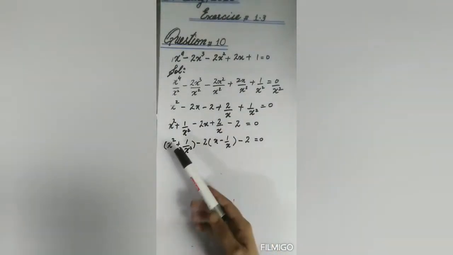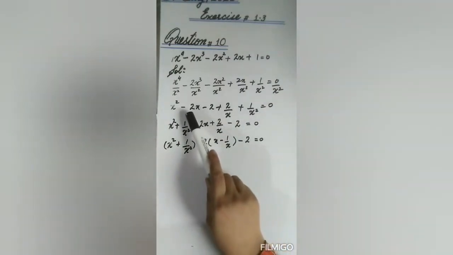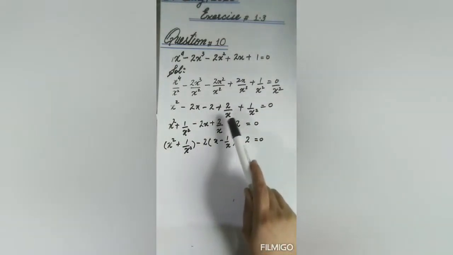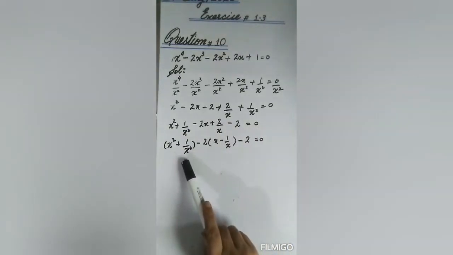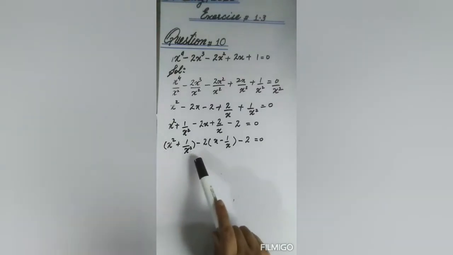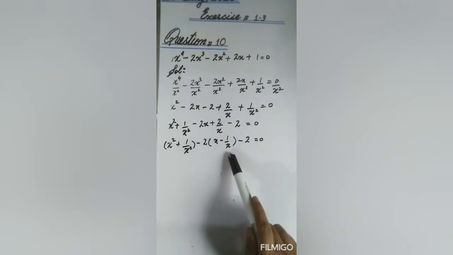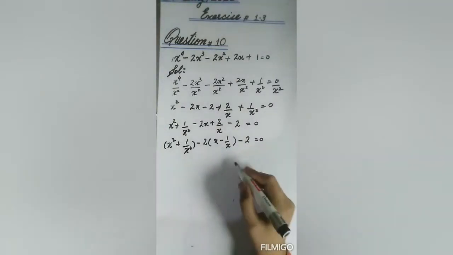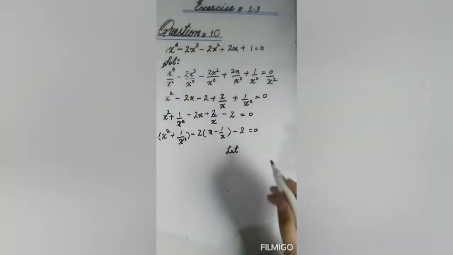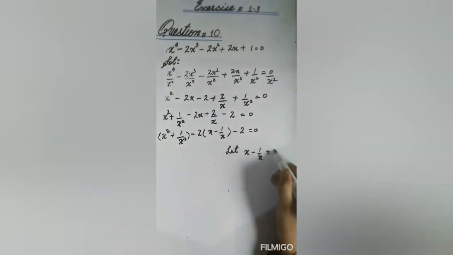Now arrange the equation. Here I have combined x square with 1 over x square, minus 2x with 2 over x, and minus 2 at the end, to make it a reciprocal equation of the other form. Now x square plus 1 over x square minus 2 into, I have taken 2 common from here, and x minus 1 over x is left, minus 2 equals 0. Now here I will suppose x minus 1 over x equals y.